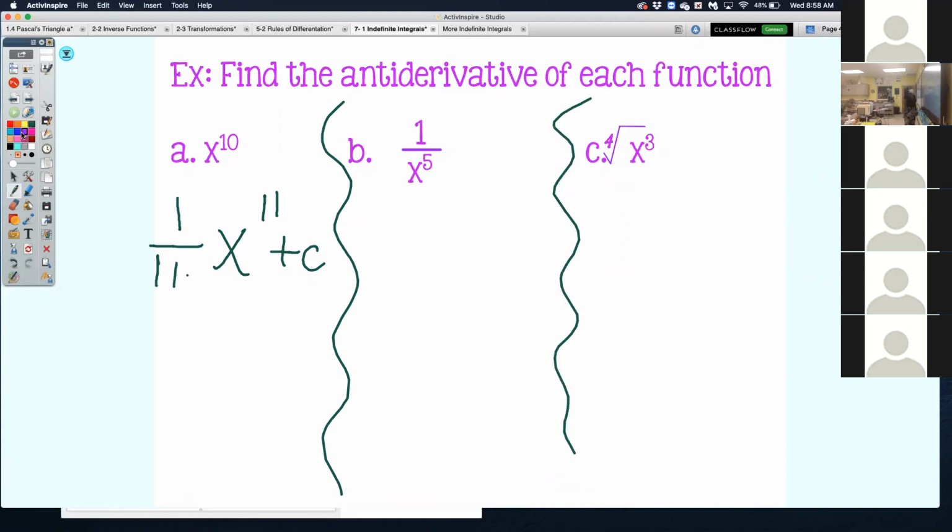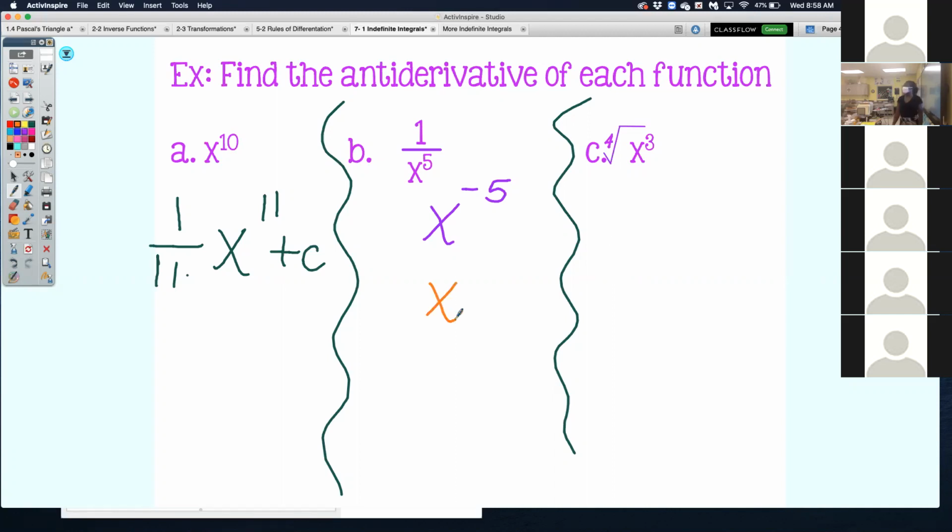For b, I have 1 over x to the 5th. Well, the only way I can use that power rule for indefinite integrals is I need it to be in the form of x to the n power. So that means I need to rewrite 1 over x to the 5th as x to the -5. Using your laws of exponents, you can bring that exponent up to the numerator, and now I can apply that rule. So I'm going to add 1 to my exponent.